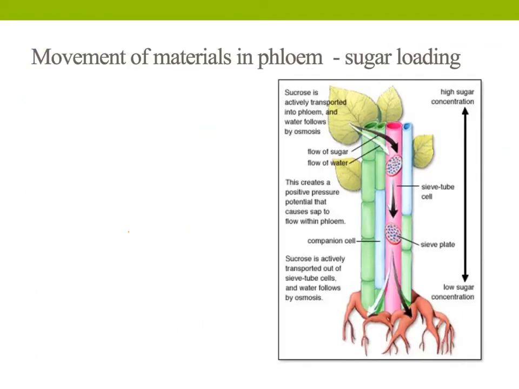The movement of materials in phloem, understanding that phloem's about sugar and getting sugar from the leaves where it is produced via photosynthesis to all of the other parts of the plant that need to use the sugar to perform cell processes via cell respiration. So let's have a closer look at this diagram here.